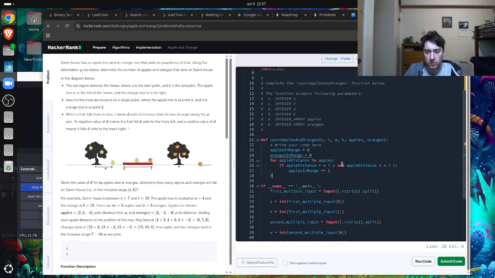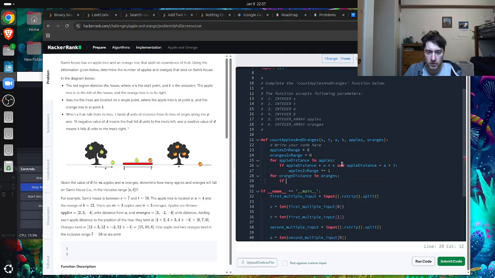Same thing for distance in oranges. If orange distance, now this is going to be a negative number, but I still do plus B, right? And that's going to be where it falls.